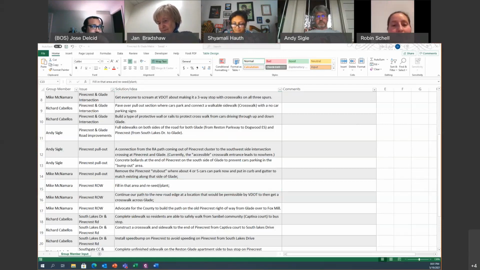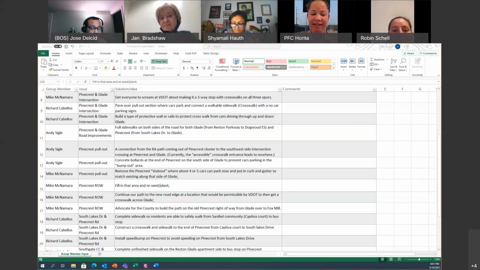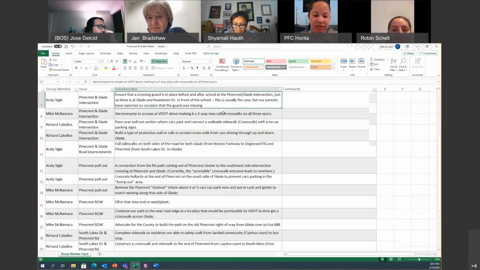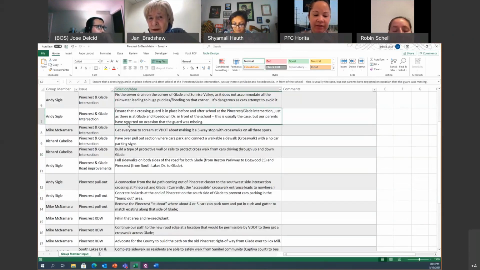Yes, just in regards to the crossing guard at Glade and Pinecrest, I thought I heard we should have a crossing guard there for the kids stationed, along with the intersection at Rosedown. So there's 2 covering that area.